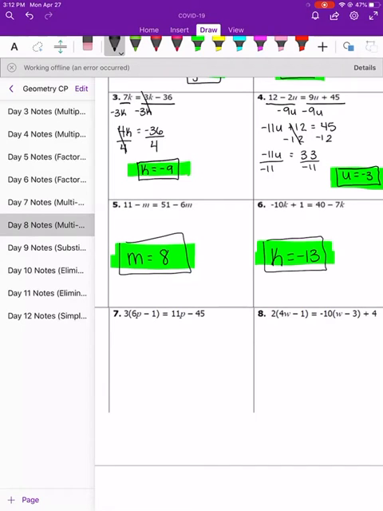So for 7, I am going to have to distribute because I have 3 times in parentheses 6p minus 1. So I'm going to distribute that 3. So if I distribute that, 3 times 6 is going to give me 18p minus 3 times negative 1 is a negative 3 equals 11p minus 45.